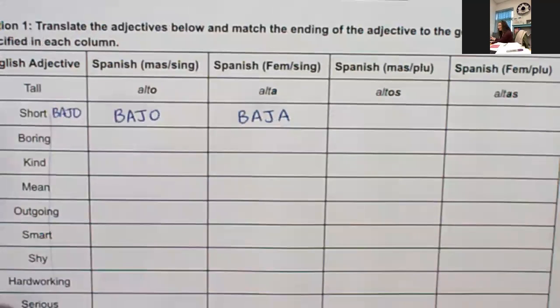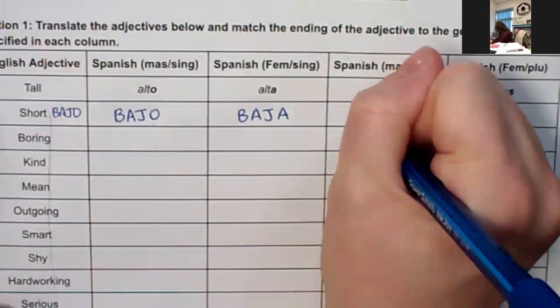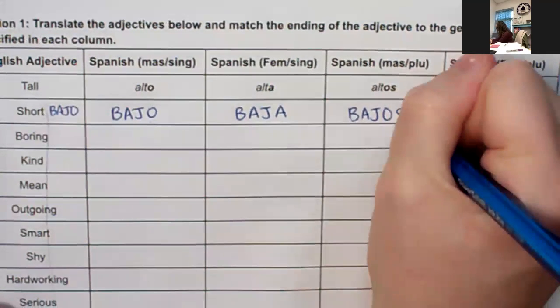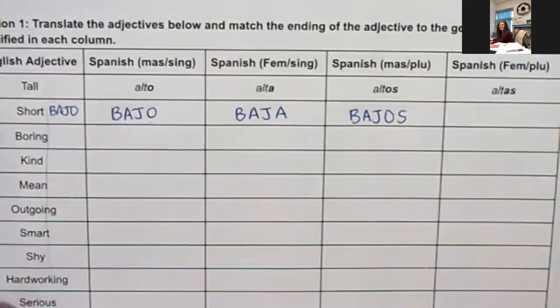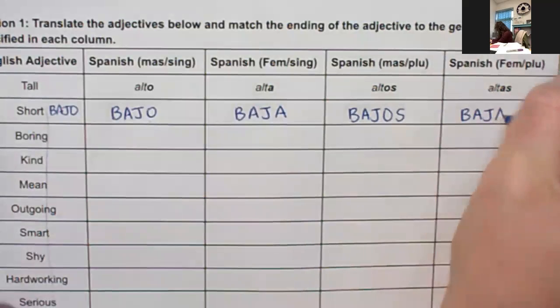To make it masculine and plural, we're going to have it end in an O, that makes it masculine, and then add an S. And then to make it feminine plural, we have bajas.